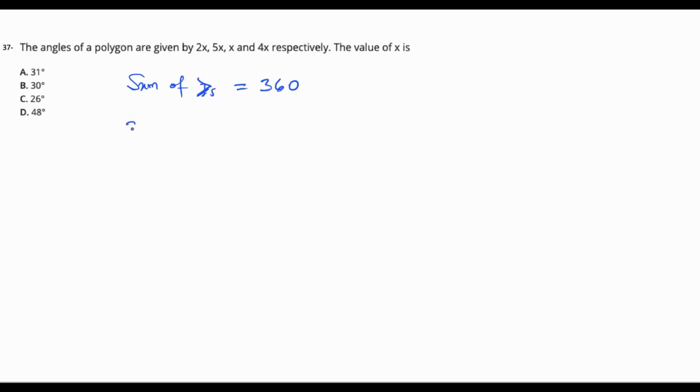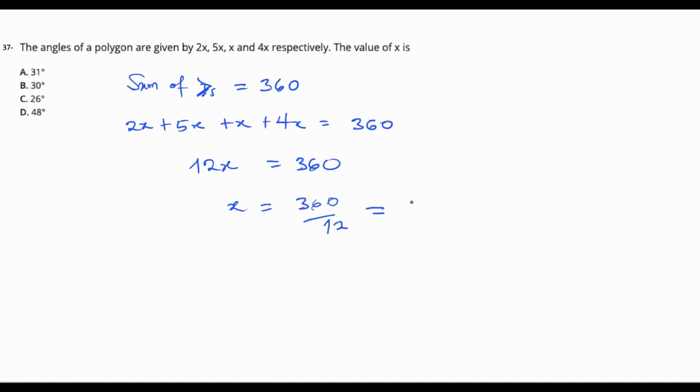So that means 2x plus 5x plus x plus 4x equals 360. If we add all this together, we'll get 12x, and this is equal to 360. So if we divide both sides by 12, we have that x is equal to 360 over 12, which is equal to 30. So x is equal to 30 degrees, and our answer is B.